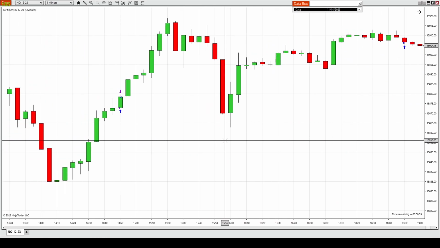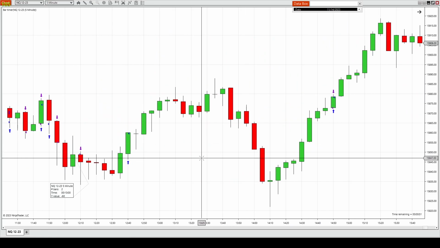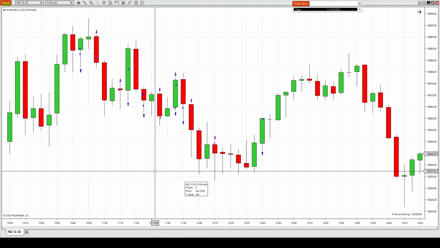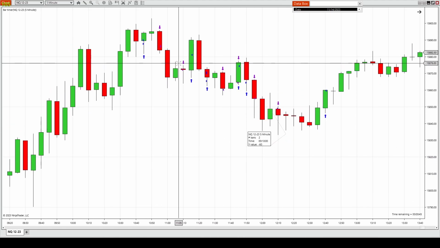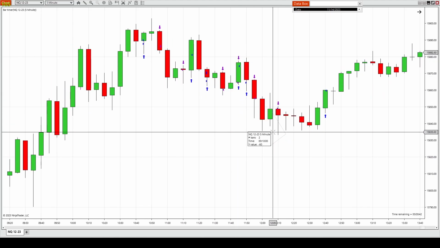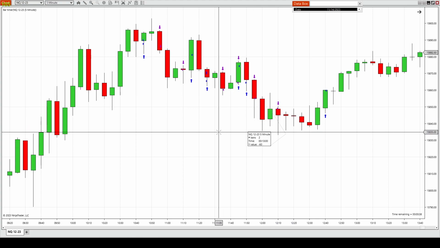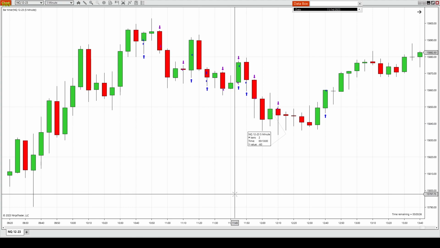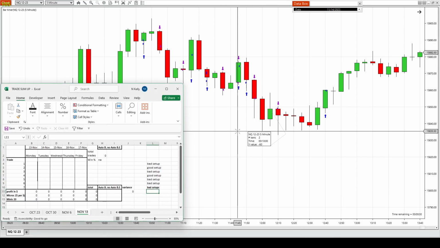Today should have been easier than I made it, because again, we had setup 1, 2, potentially 3. But overall, out of the 7, 8 setups I took, only 2 to 3 of them were valid.